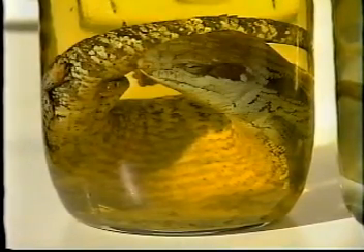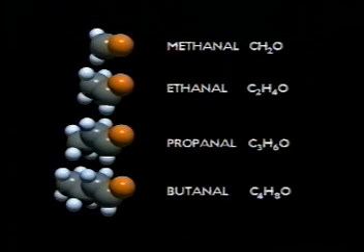Alkanals typically have strong odors. So we have methanal, ethanal, propanal, butanal, and so on, up to decanal. Then the number of carbons takes over the naming again. There are no isomers because the oxygen must be on the end of the molecule.